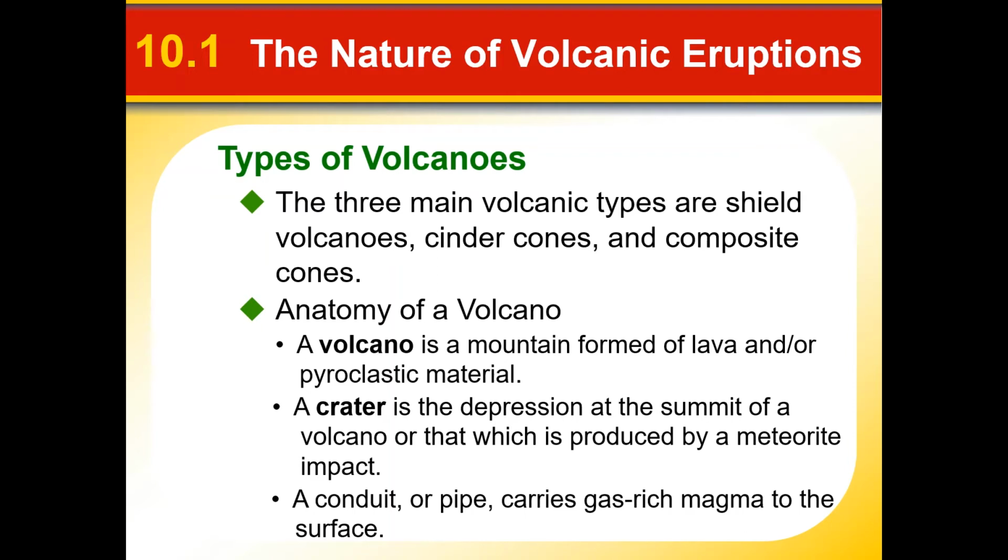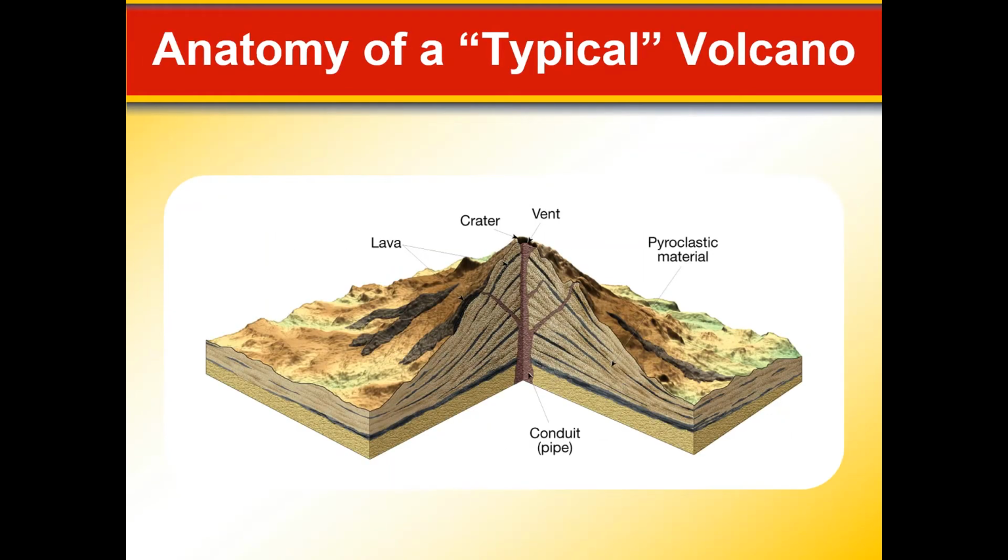And you have a crater, which is the depression at the summit of a volcano, where the lava flows out. And the conduit or pipe or a vent carries the gas-rich magma to the surface. So here it is. You have the crater, the vent, and some other smaller vents.